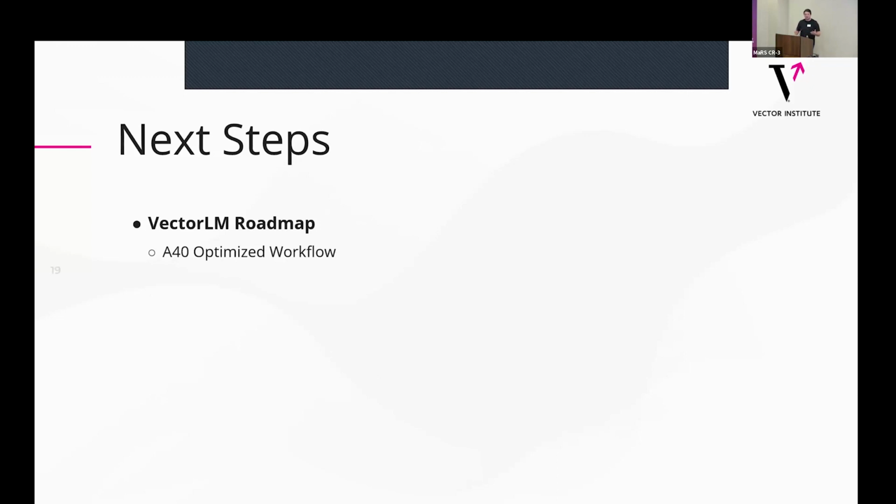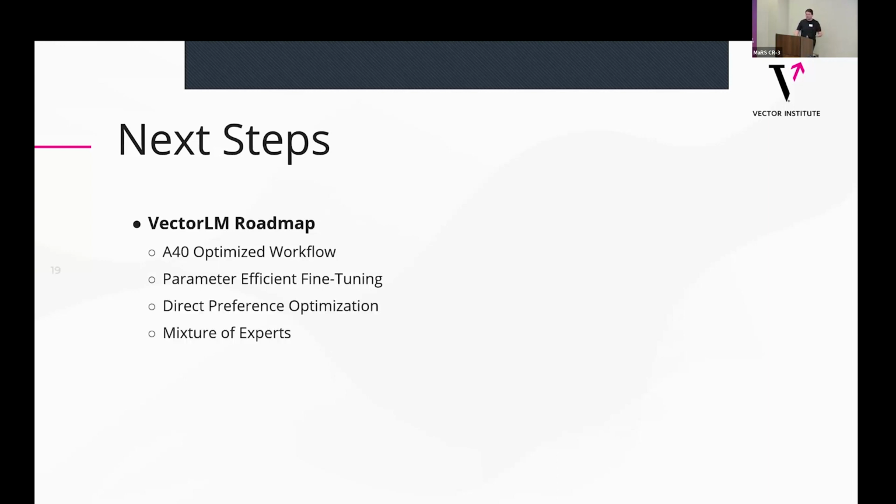But some of the things that we've identified are maybe an A40 optimized workload, so can we make this available on some of the smaller cards? Parameter efficient fine tuning, so perhaps like LoRA directly implemented in VectorLM. DPO, there's some interest in exploring mixtures of experts more directly as well.